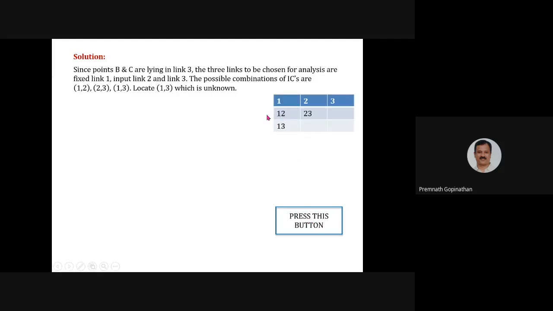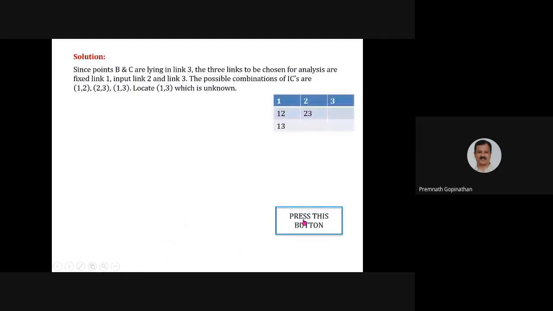So in that particular figure, you can see we have chosen 1, 2, and 3 as links, and the various combinations of instantaneous centers are 1 2, and 1 3, and the other combination is 2 3. So these are the 3 combinations of instantaneous centers we can get.